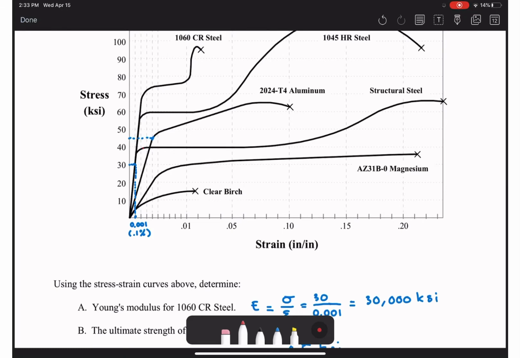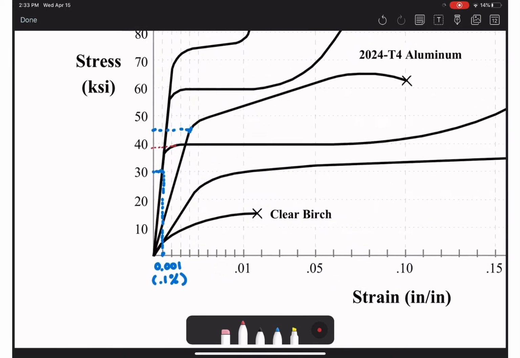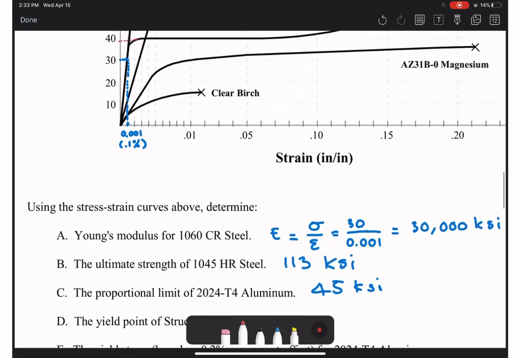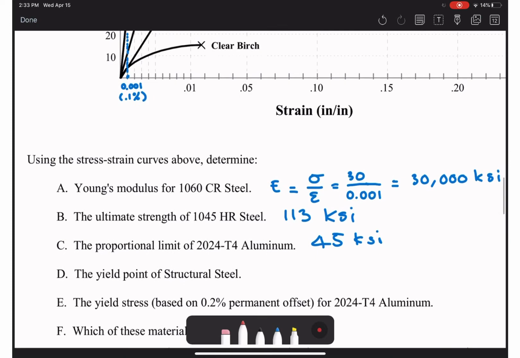That's the start of the horizontal portion of the curve. It's a little bit below 40, so you can say 40, or to be conservative 39 ksi for sigma yield.